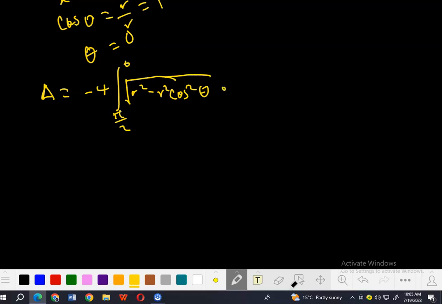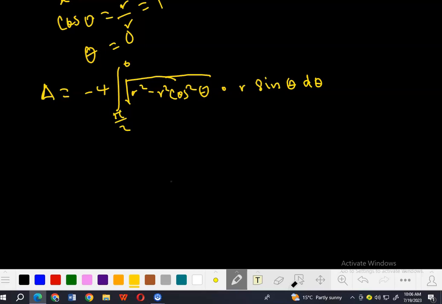Now multiply the whole of this with r sine of theta d theta. Have you written that?